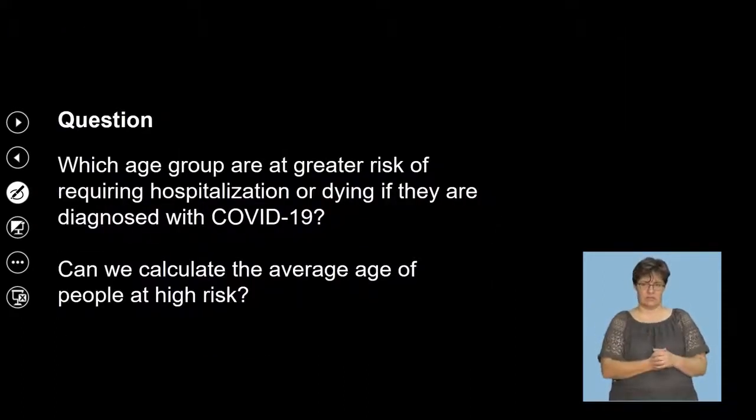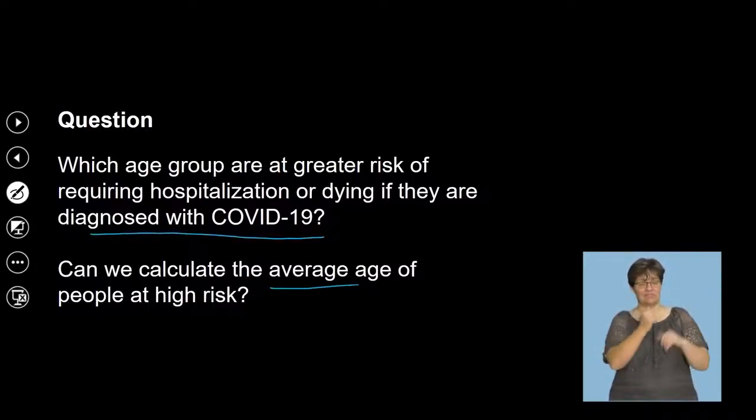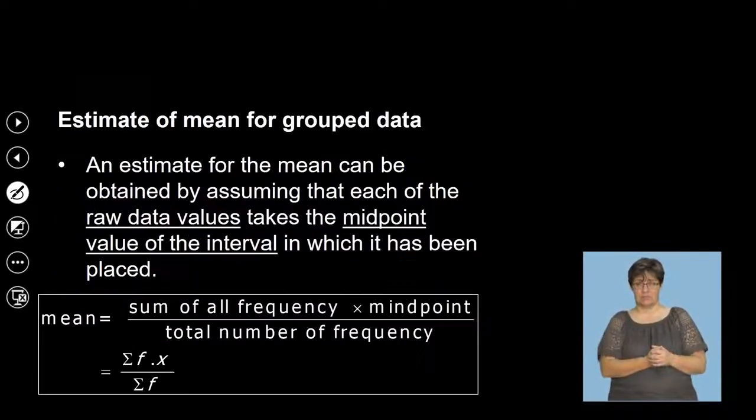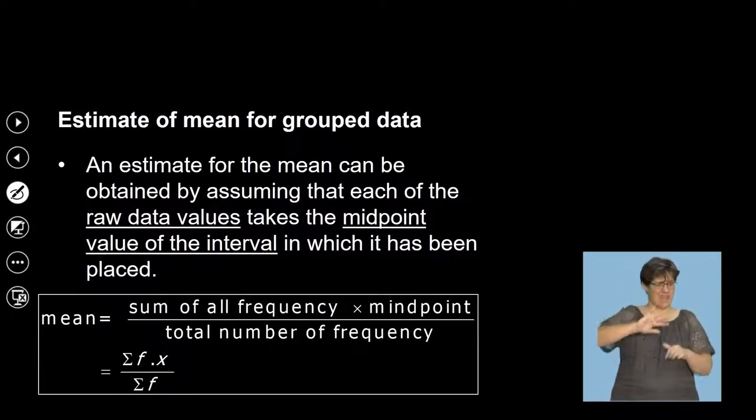So, which age group is at greater risk of requiring hospitalization or dying if they are diagnosed with COVID-19? We can calculate the average age of people at risk. How are we going to estimate the average?